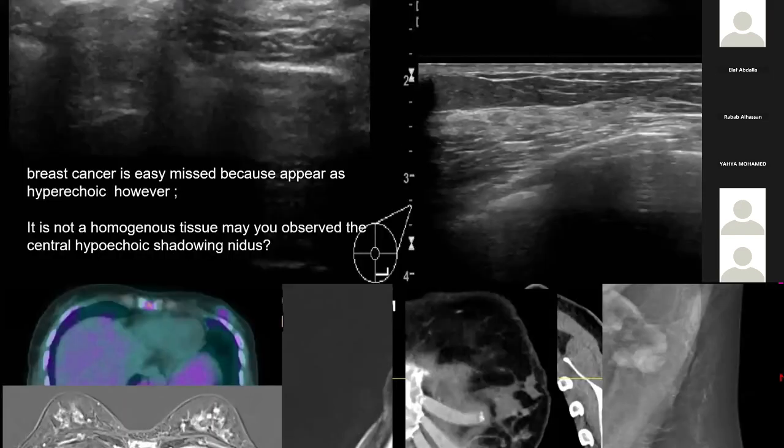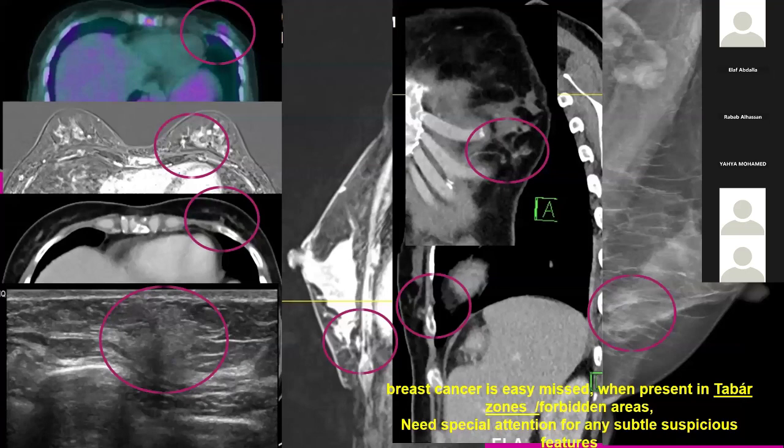Here you can see the same lesion in different images. In the CT, the first image, we raised the suspicion along with the mammography, and here the tiny lesion on CT and the corresponding one on MRI, and the chest wall muscles were involved, demonstrating a focal enhancement.